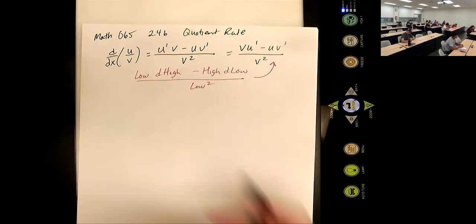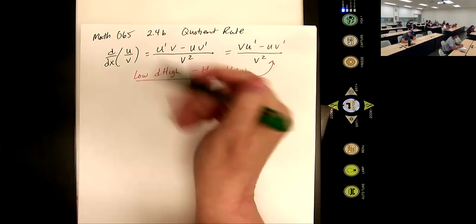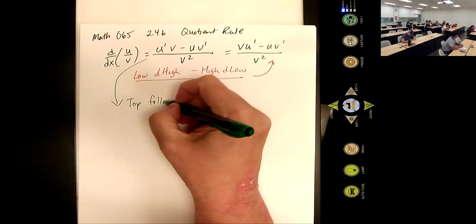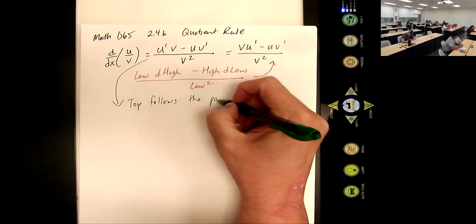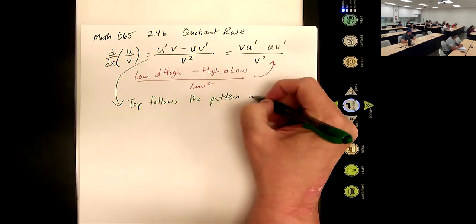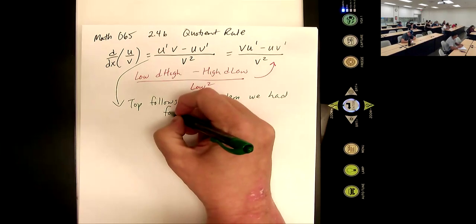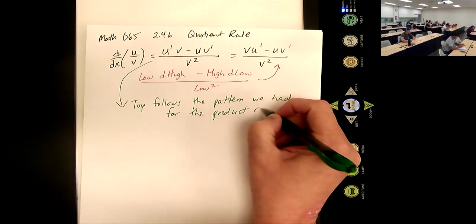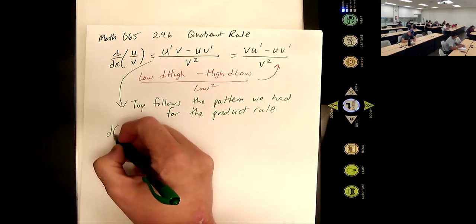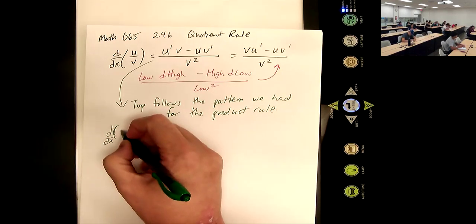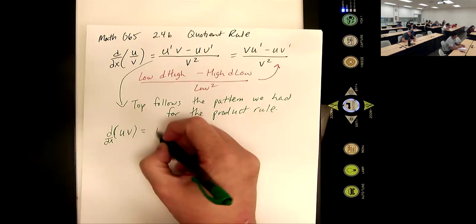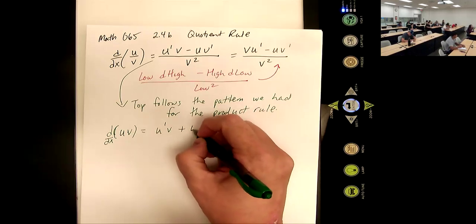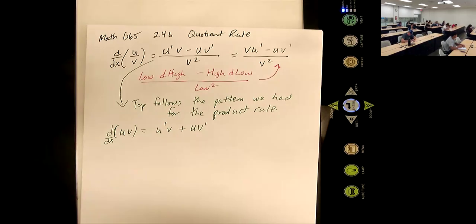If you look at this one right here, notice that the top follows the pattern we had for the product rule. We had d/dx of uv equal u prime v plus uv prime. The only difference is the sign in between.